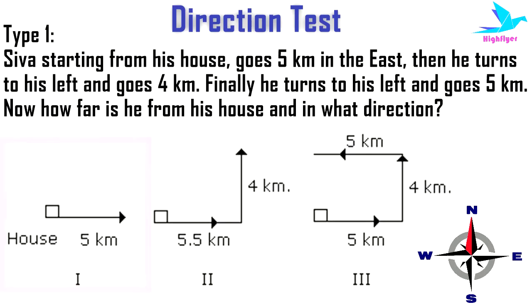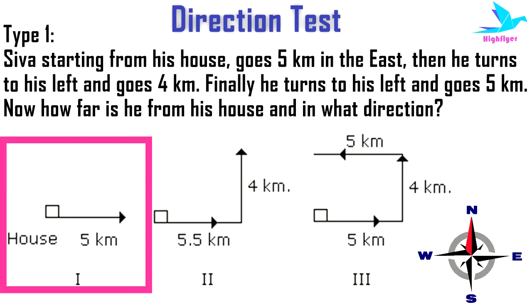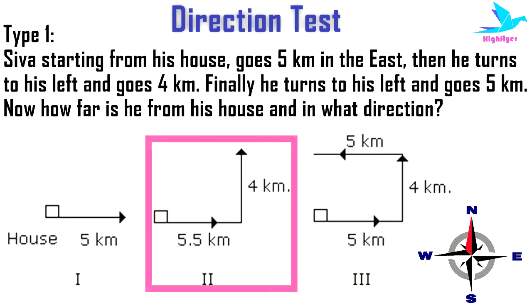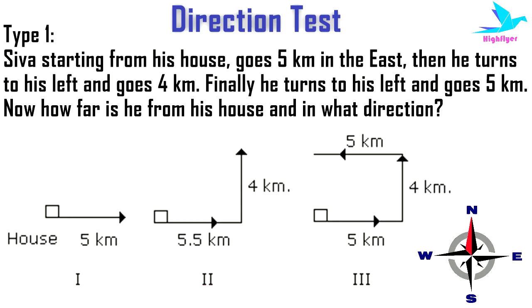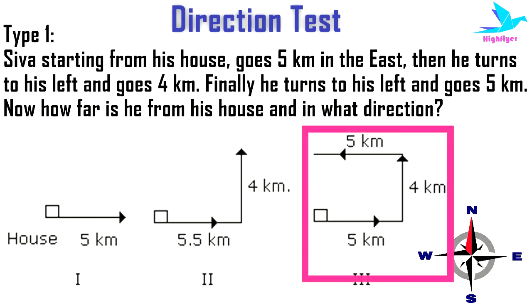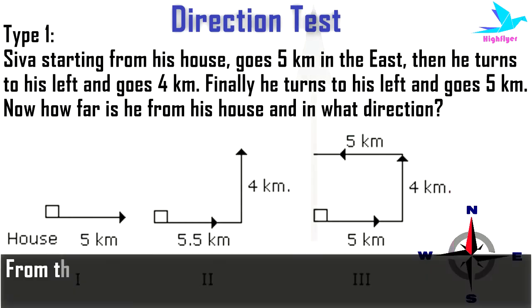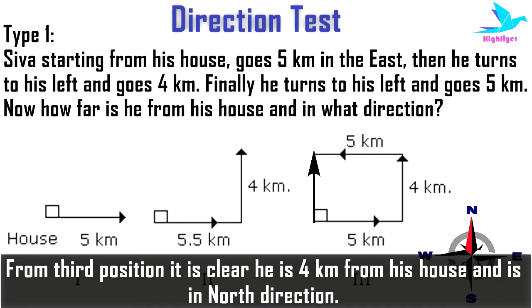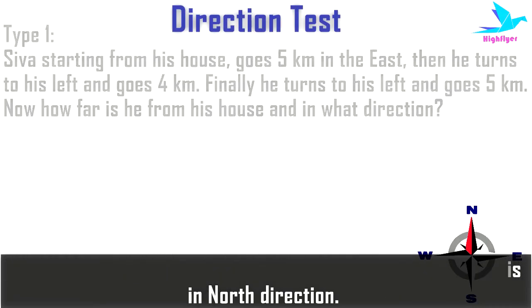In the first figure, Shiva goes 5 km east, then he takes a left and goes 4 kilometers, then after that he again takes a left and goes 5 kilometers. Now by referring to the third figure, it is clear that he is 4 km from his house and is in the north direction.